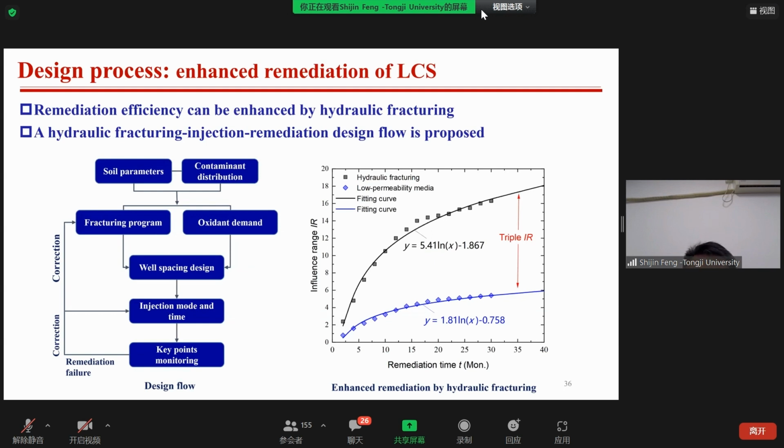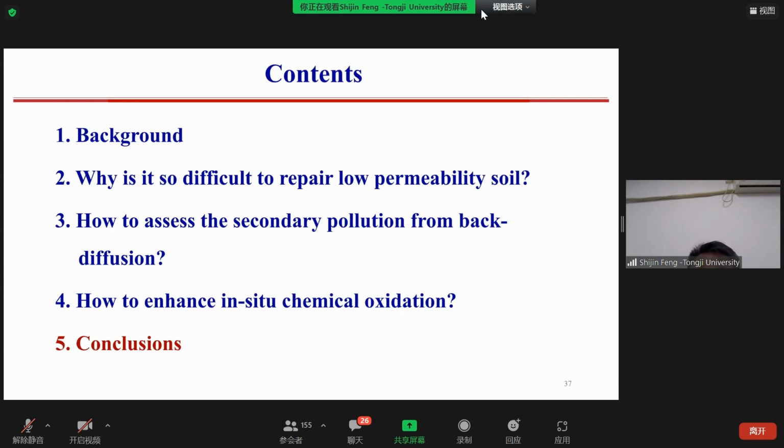The right figure shows the result of fracture remediation. Comparing with direct remediation, we can see that the scope of remediation is improved nearly 3 times after hydraulic fracturing. Therefore, enhanced remediation of LCS can be achieved by proper hydraulic fracturing and oxidant injection. The final part is the conclusions.